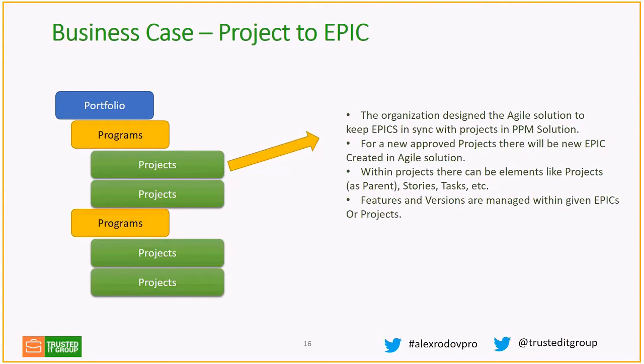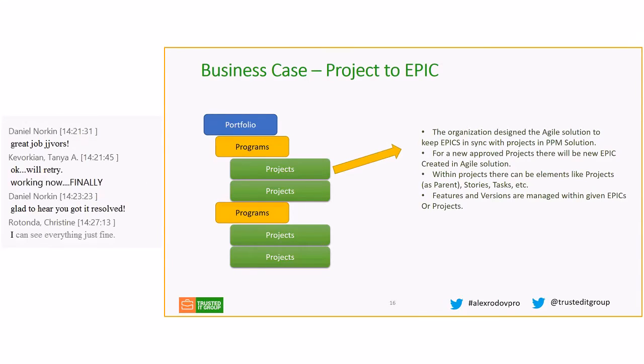The organization designs an agile solution to keep epics in sync with projects in PPM solutions. Considering they have multiple projects in your agile, it could be because of legacy: years ago someone created an agile account and decided, okay, let's do agile in Jira or Version One, and then created all kinds of different projects.